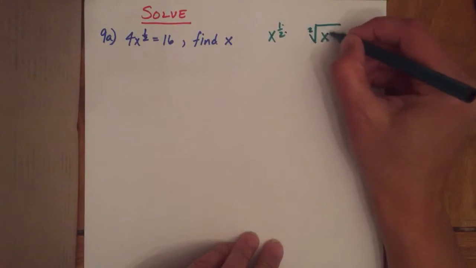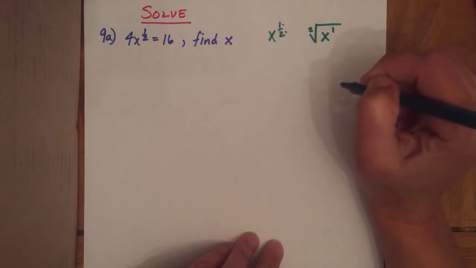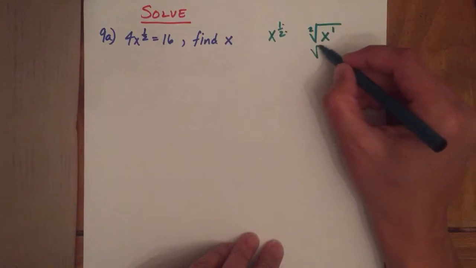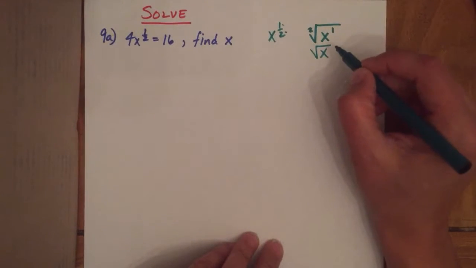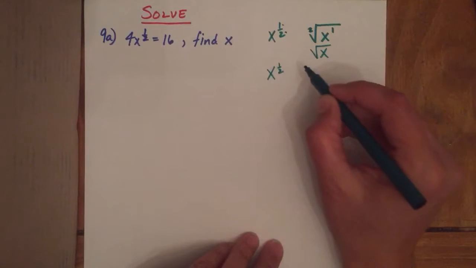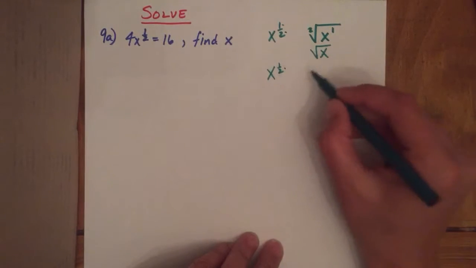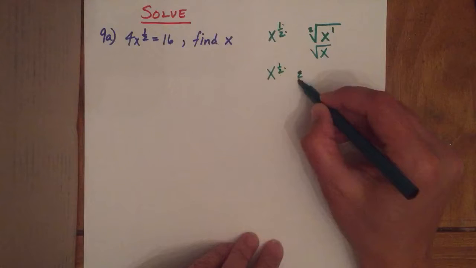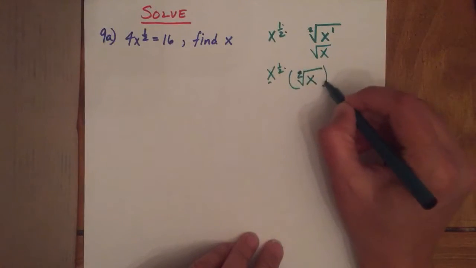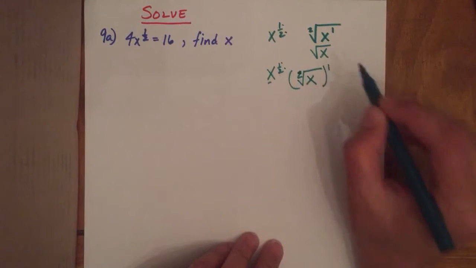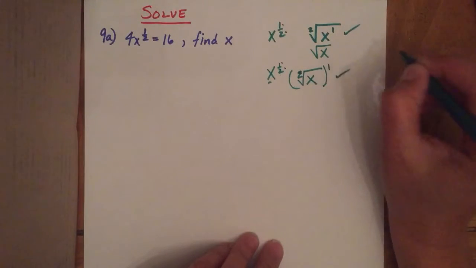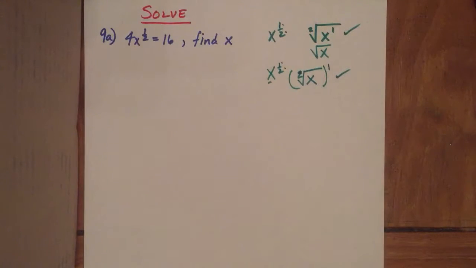The top number is the exponent you stick on the expression underneath, so that would be square root of x. Another way to write x to the 1/2 is the bottom number is the root you're taking, this is the number that goes underneath, and that's the exponent you put all of them to. So this one and this one are two different ways to write the same thing.